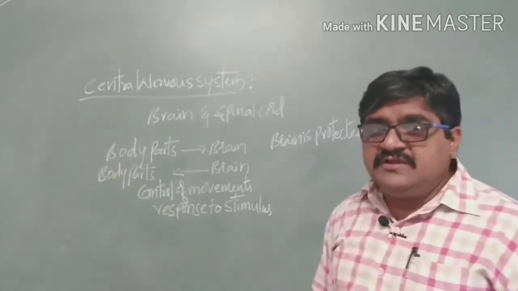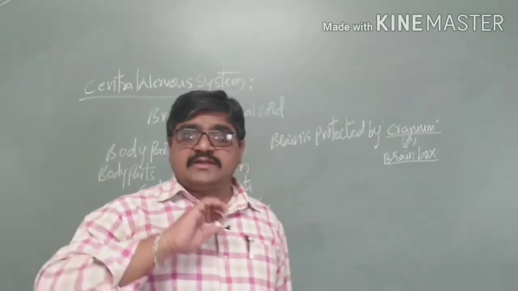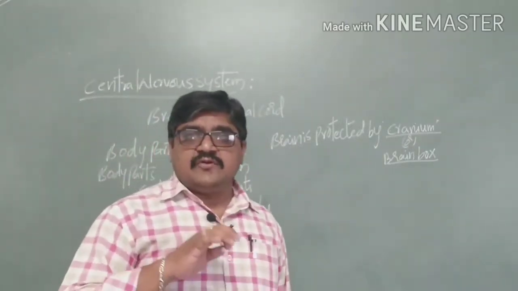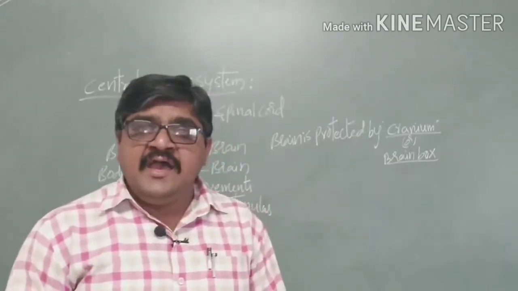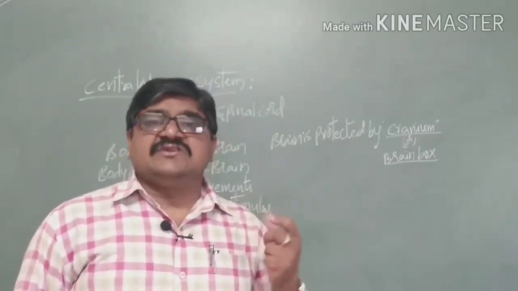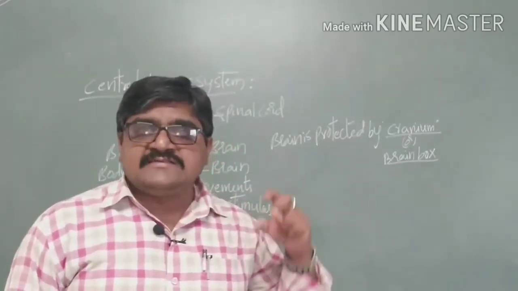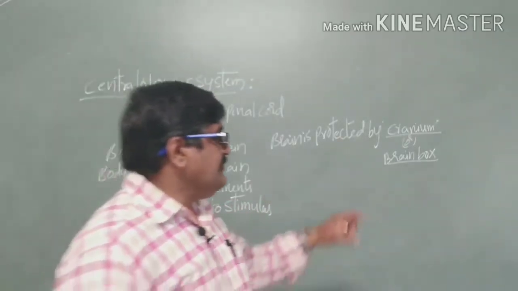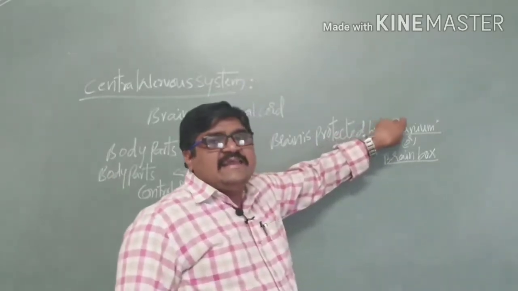Brain box means the brain is protected by a protective layer called the skull. It is a box-like structure which protects the brain. Such a part we call the cranium.